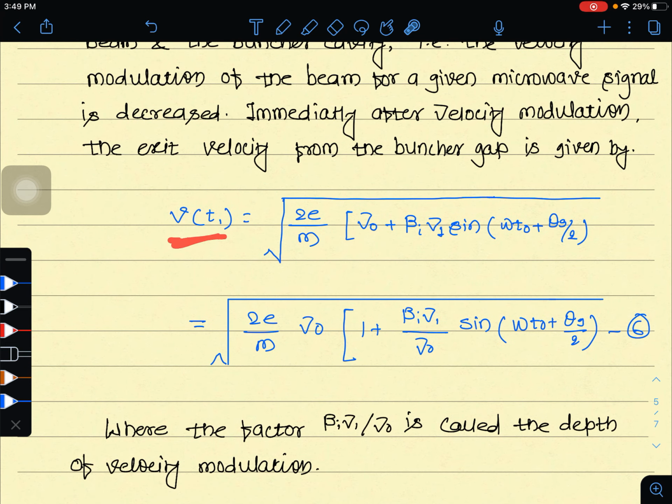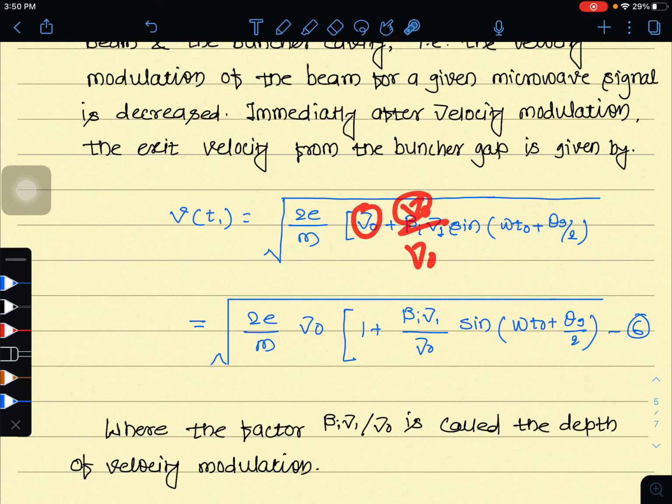Here. V of T1 is the root of twice E by M in brackets V0 plus beta i V1 sine of omega T0 plus theta g by 2. After that, it is necessary to take V0 out of that bracket, so we divide and multiply by V0.